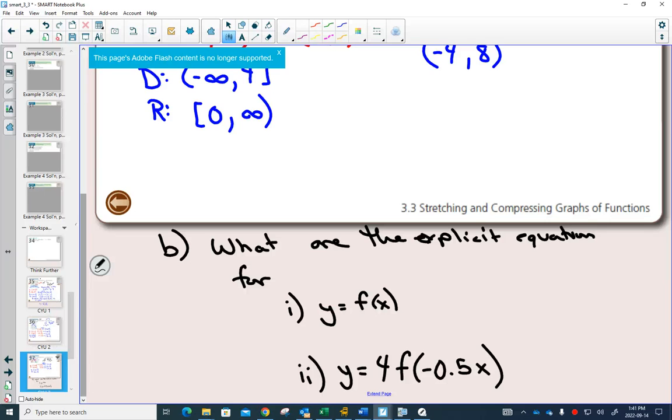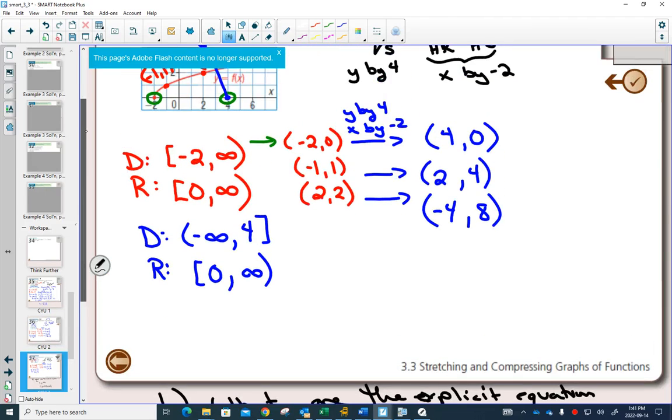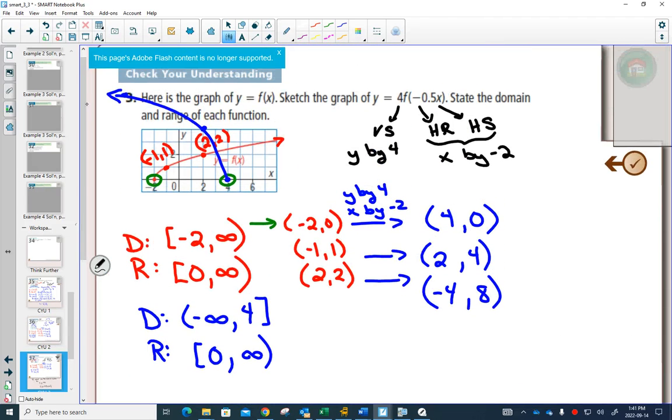But I hope you recognize that the original red graph was one of the graphs that we did on the sheets. But it's not just a square root graph.